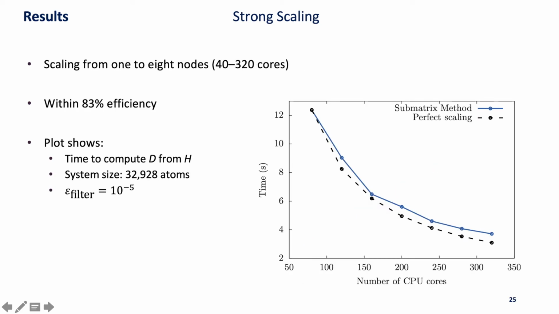We evaluated strong scaling, going from 40 to 320 CPU cores, and in this case we compare against a theoretically perfect scaling, and we stay above 83% efficiency during this entire scaling experiment.